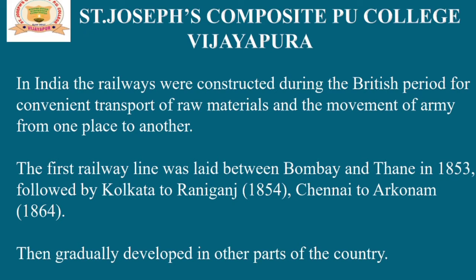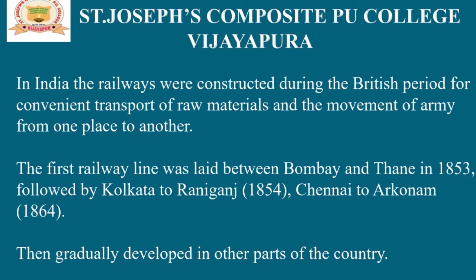In India, the railways were constructed during the British period for convenient transport of raw materials and the movement of the army from one place to another. So as we know, during the British period only the railways were set up and started.